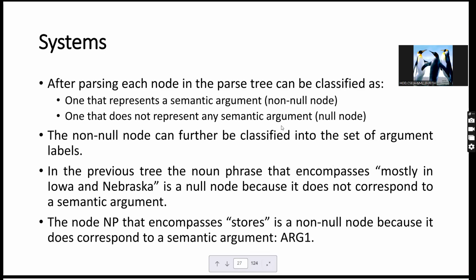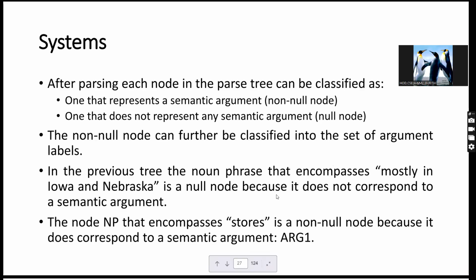A null node does not represent any semantic argument, and a non-null node represents a semantic argument. These non-null nodes will get a further classification to make argument labels, so the leaf nodes contain our actual argument classification label.